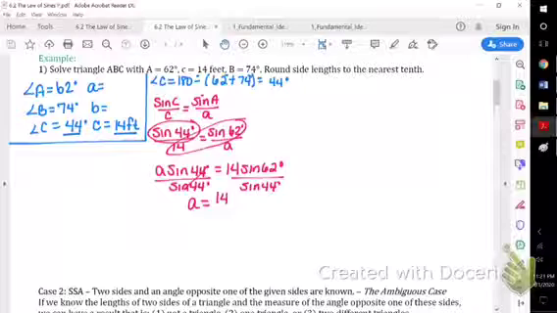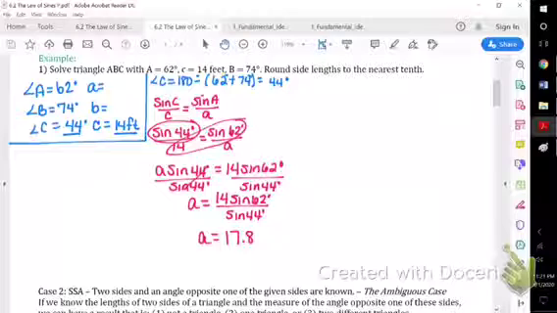And so we got A is equal to 14 sine of 62 degrees divided by sine of 44 degrees. So let's put this in our calculators. Let's make sure we're in degree mode, and round it to the nearest tenth. So it should be 17.8. So side A is 17.8 feet.